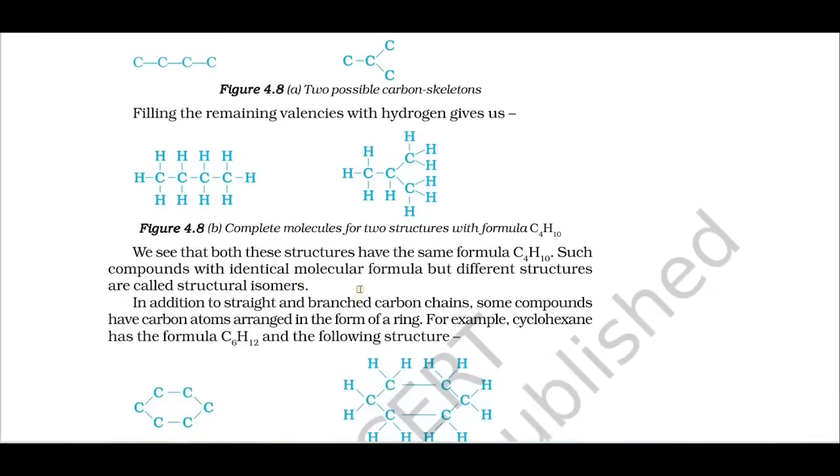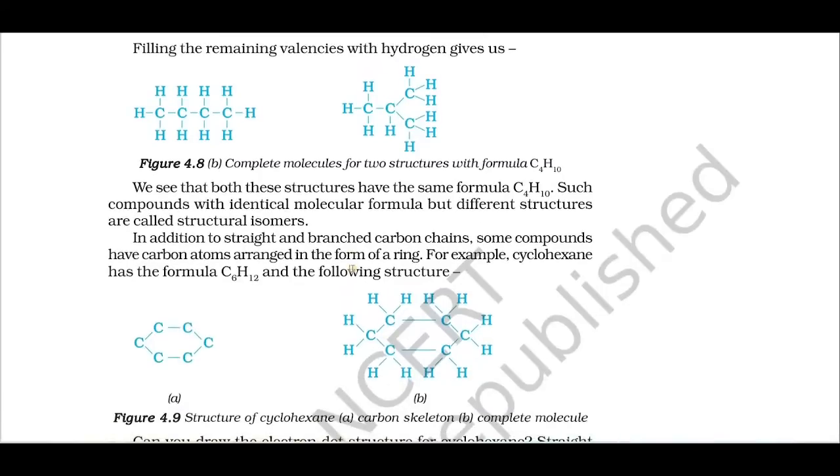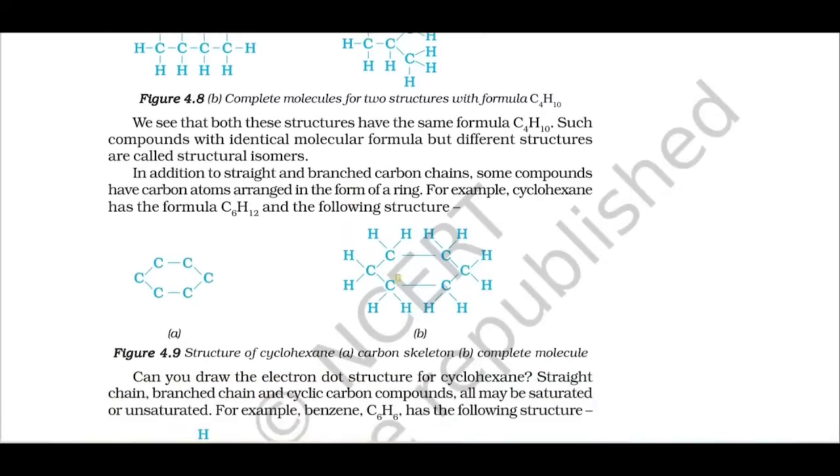They can ask you to write down the structures of the isomers of butane, pentane and hexane. Next we have the cyclic structure carbon compounds, that is, in the form of a ring. The example they have given is cyclohexane.